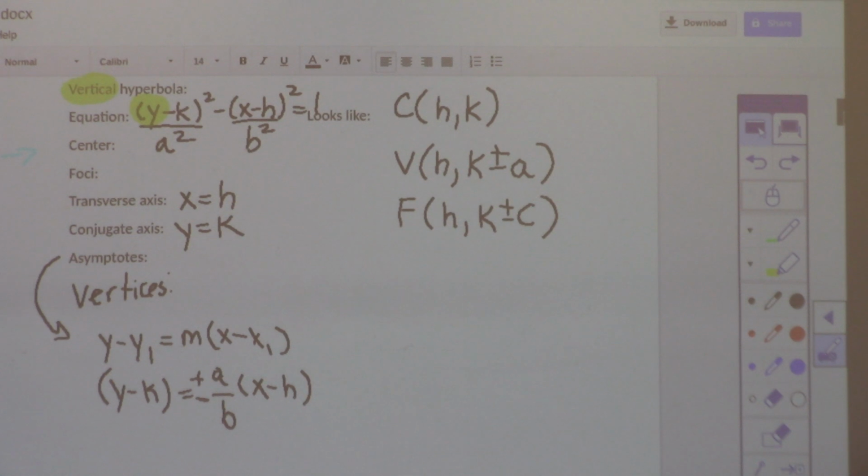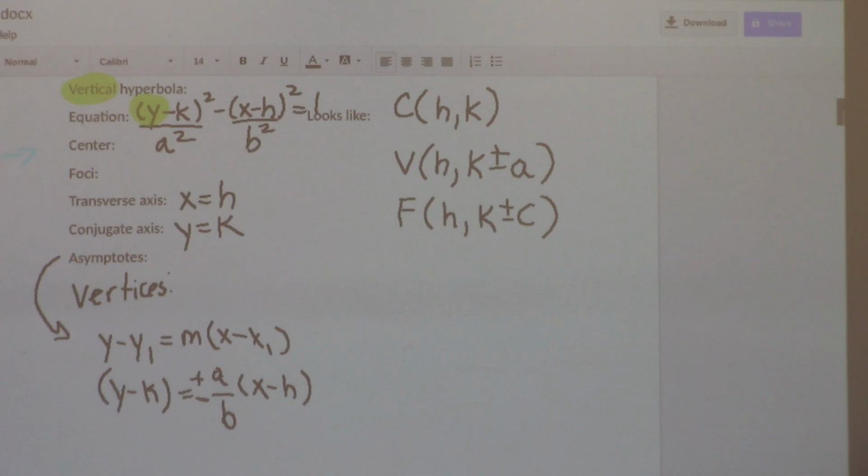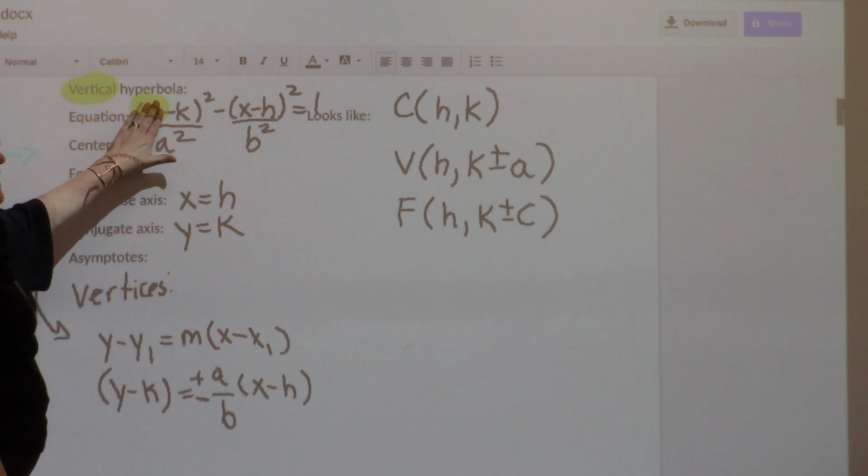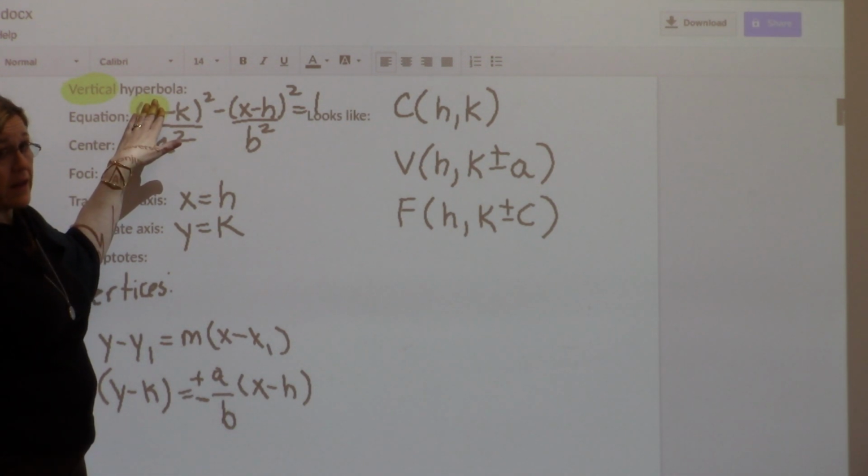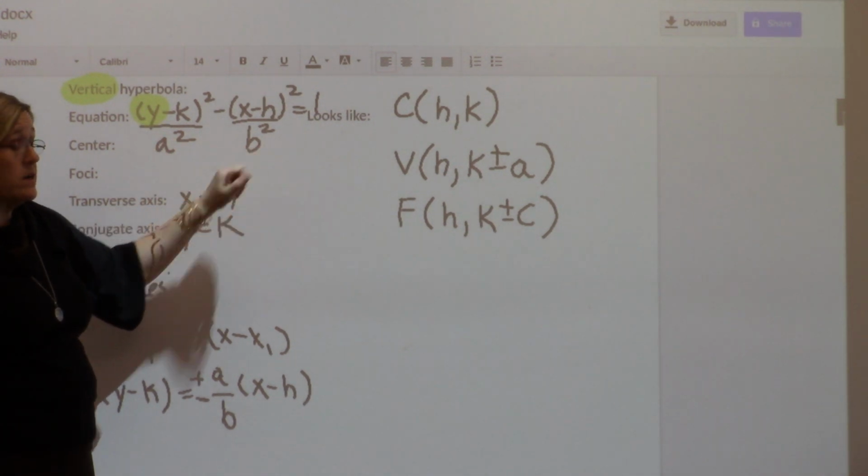So what do you think? We've got the formulas down, we've worked through it. So now we're going to take this and we're going to look at one for horizontal. Horizontal, all it's going to change is, instead of being y minus k here, what's it going to be? x minus h, it's still going to be over a squared and b squared.